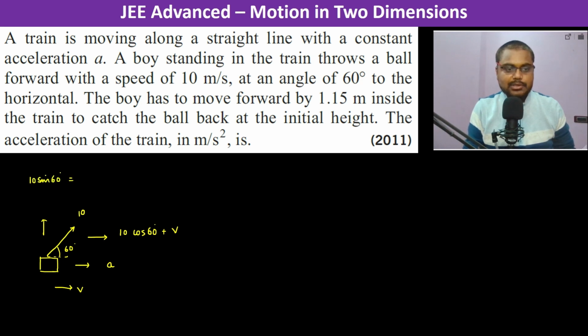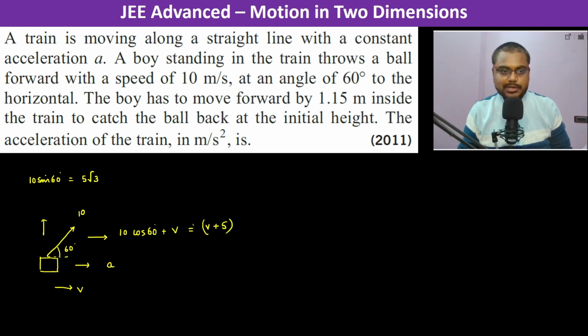So this becomes 5 root 3, and this becomes v plus 5. Okay, now the boy has to move forward by 1.15 meter inside the train to catch the ball back at the initial height. Now this ball will go like this.